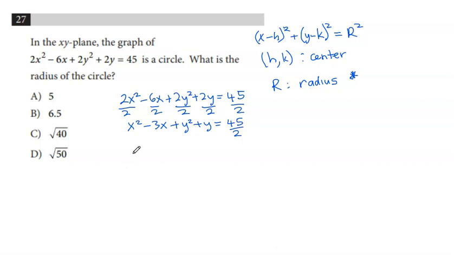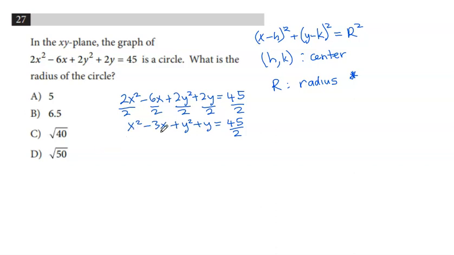All right? Now, the next step is to try and complete the squares for the x terms and also the y terms. And you're going to do this side by side, right? So I take the x terms and bring them over here so I have space.